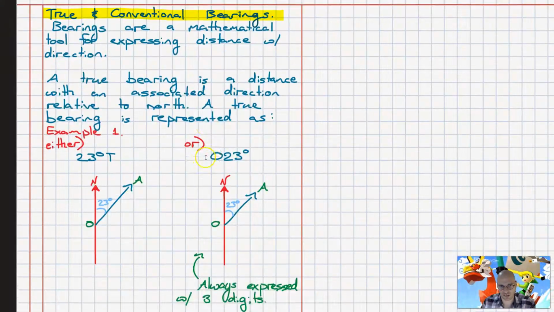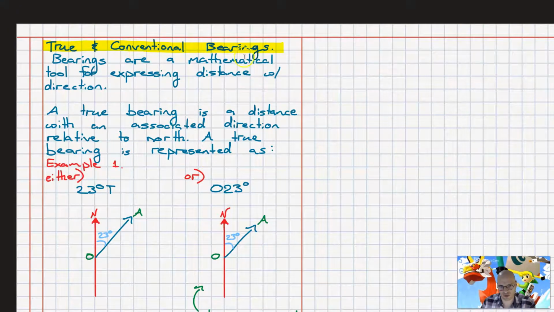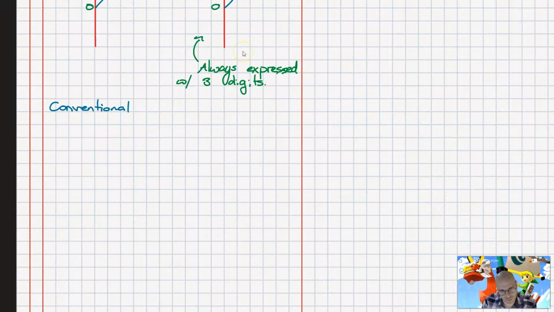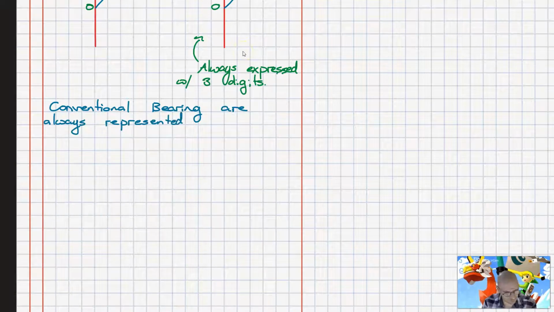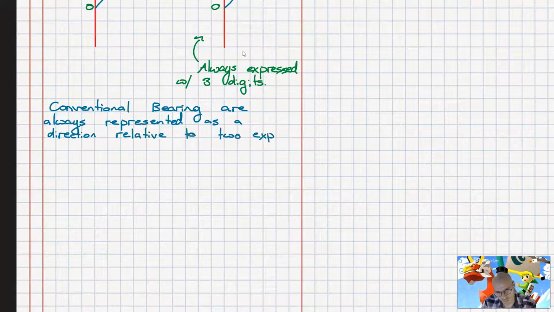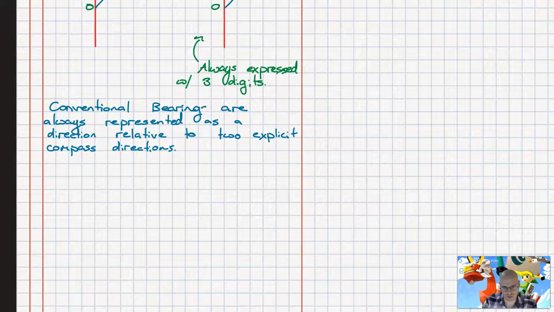Now the second type of bearings we can use are called conventional bearings. So conventional bearings are always represented as a direction relative to two explicit directions. So what do we mean by that?